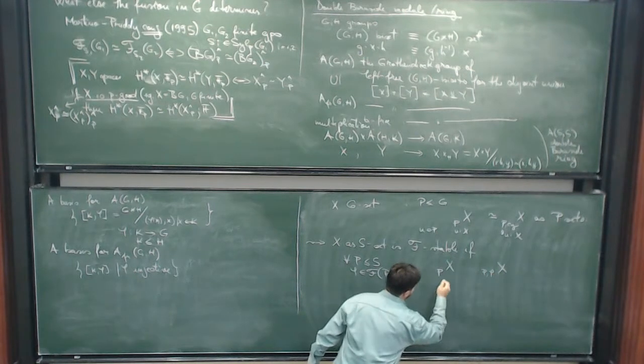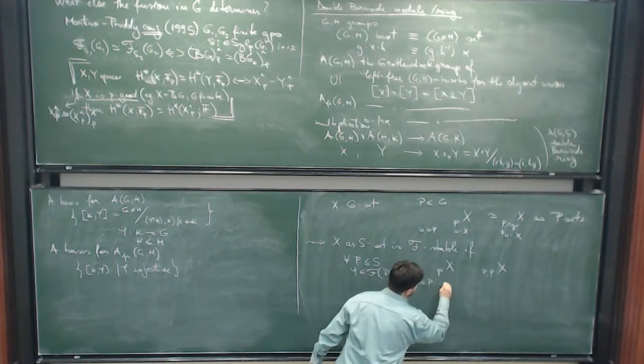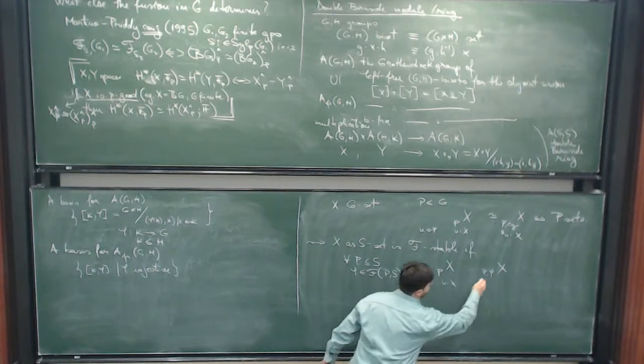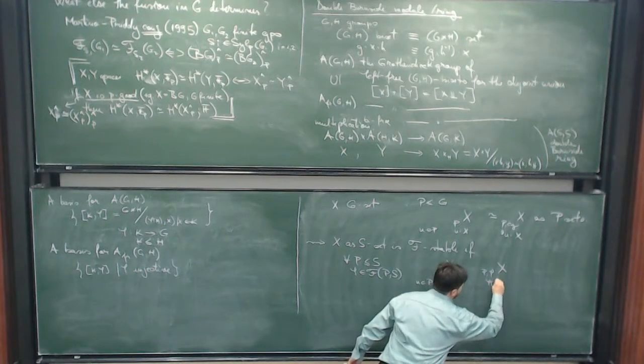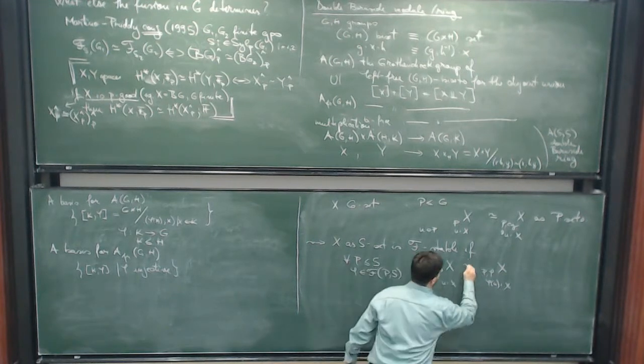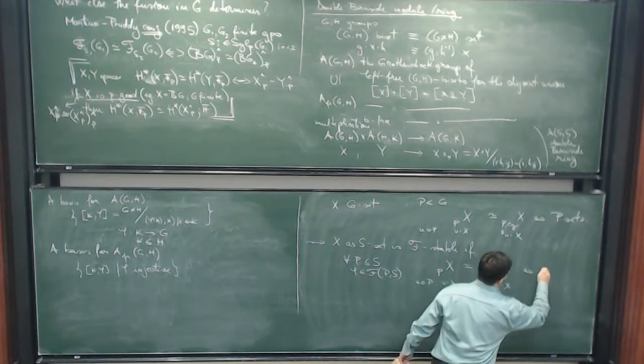So here u in P acts normally, here acts once I apply phi to it. Okay, those are isomorphic as P sets.